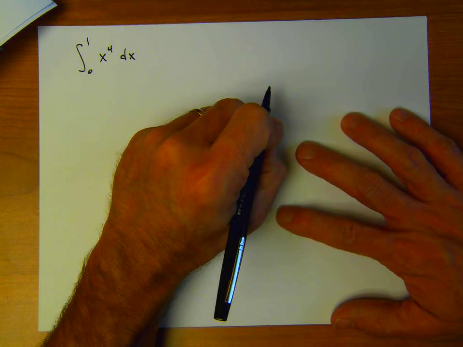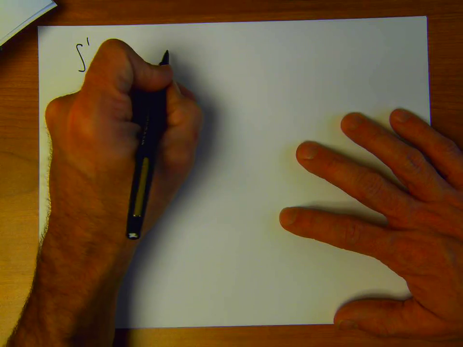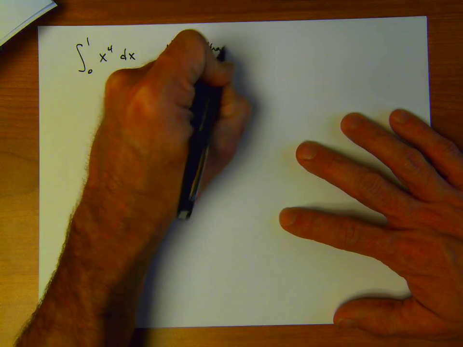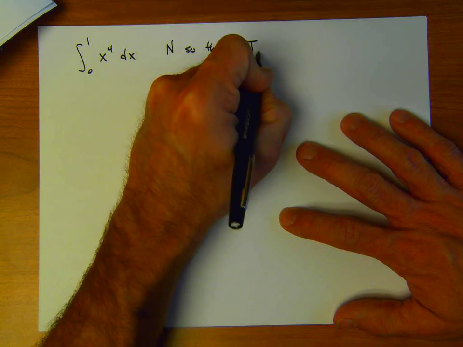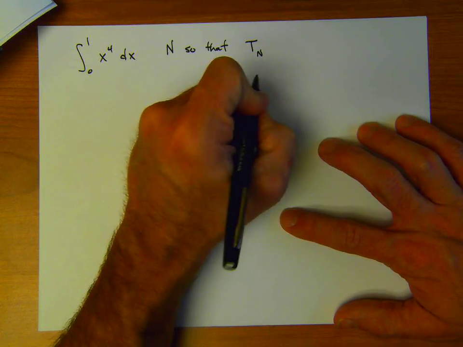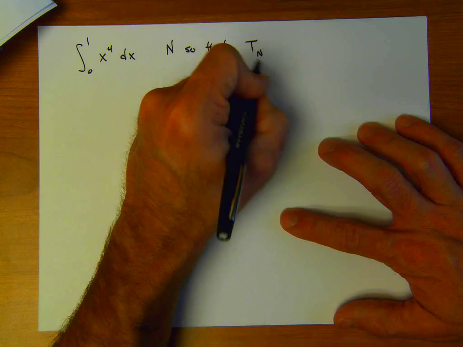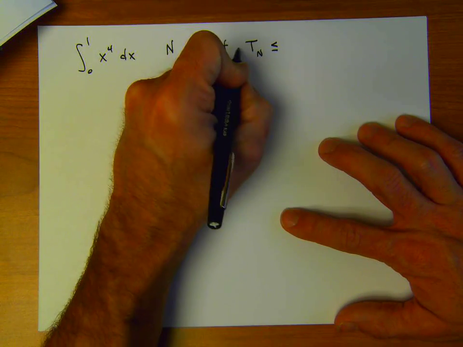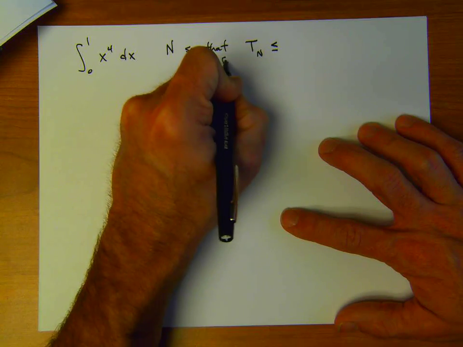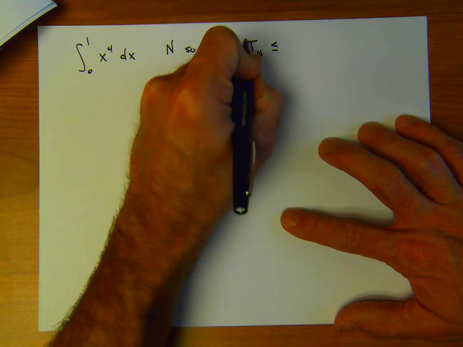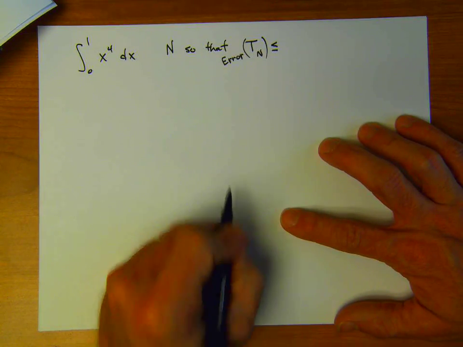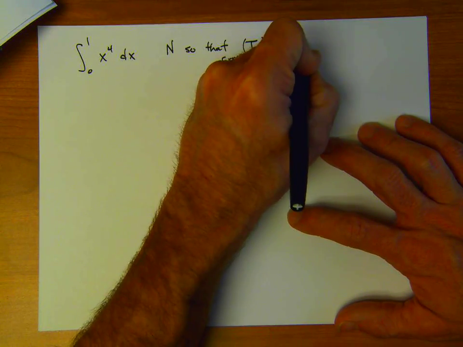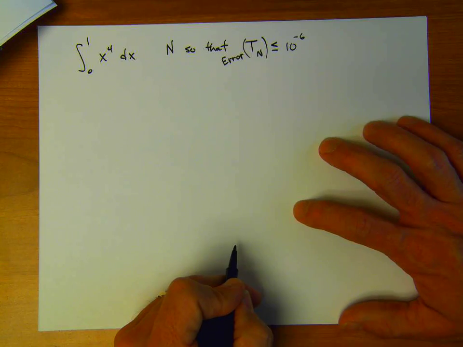And they want us to find the number of rectangles, n, so that Tn, the trapezoidal rule with n rectangles, has an error less than or equal to 10 to the negative 6.